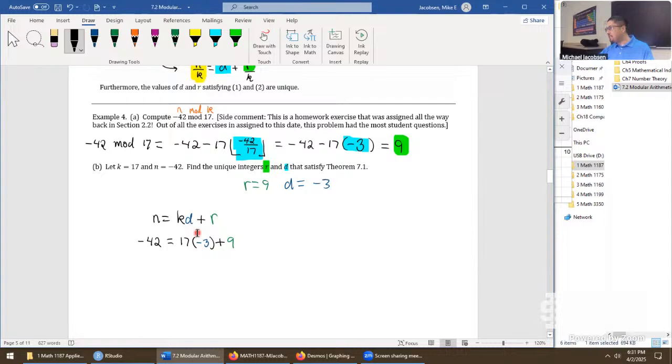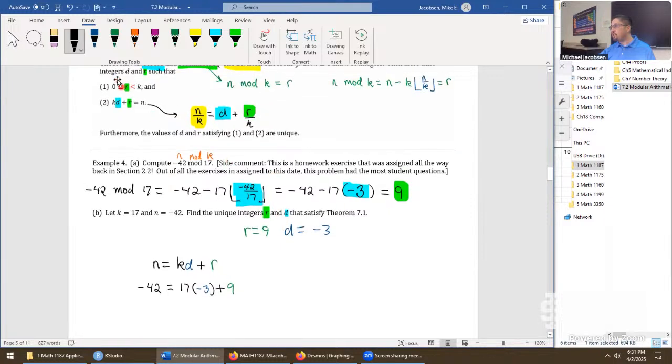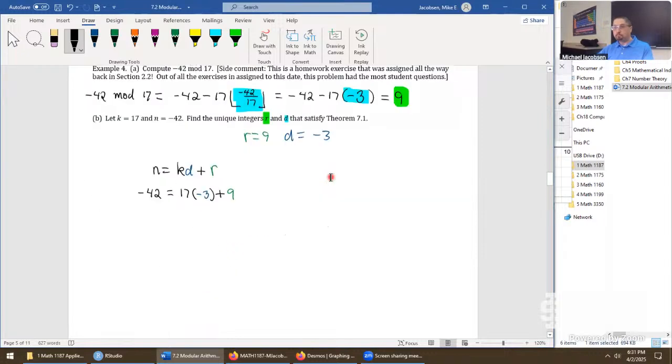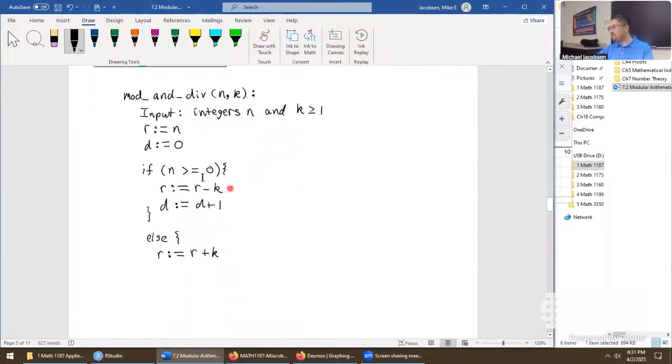Well, that negative there gives us that adding. So there's the negative 17 and there's the negative 3. So we added 17 to negative 42 3 different times until we got in the range between 0 and k, which was 17. That value was 9, and we couldn't add 17 any longer. We would be beyond k. So in this situation, due to the double negation we see right here, we're just adding. So we change the syntax from minus k to plus k. Kind of cool in a way.